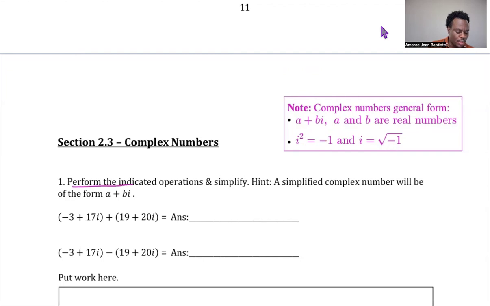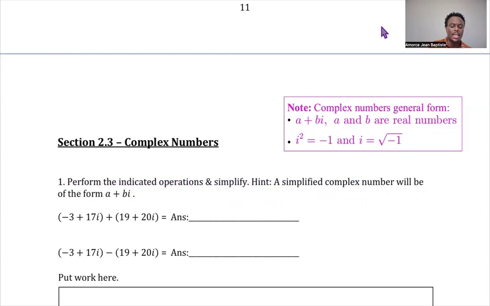It says perform the indicated operation and simplify. Hint, a simplified complex number is given in the form of a plus bi. We talked about a plus bi already.